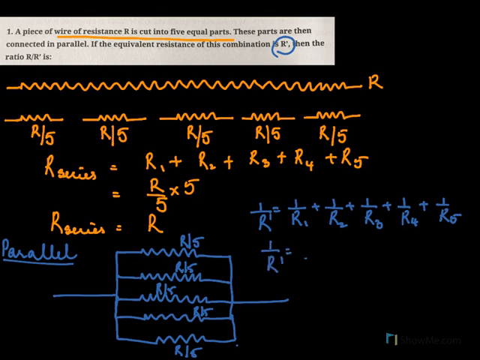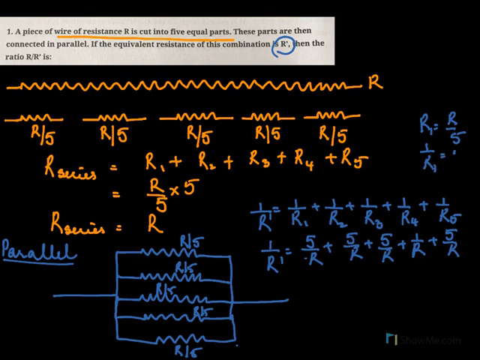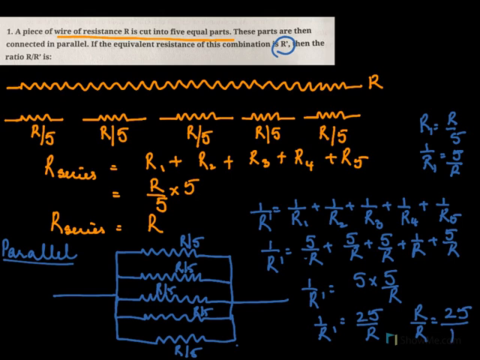So 1 over R dash, the one in parallel, will be 5 times the reciprocal of R1, because we know R1 is R by 5, so 1 by R1 will be 5 by R. So 1 by R dash will be equal to 5 times 5 by R. So 1 by R dash equal to 25 by R, which means R over R dash equal to 25 by 1.